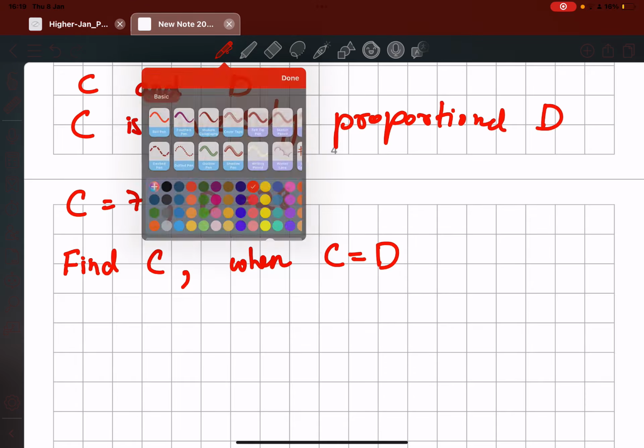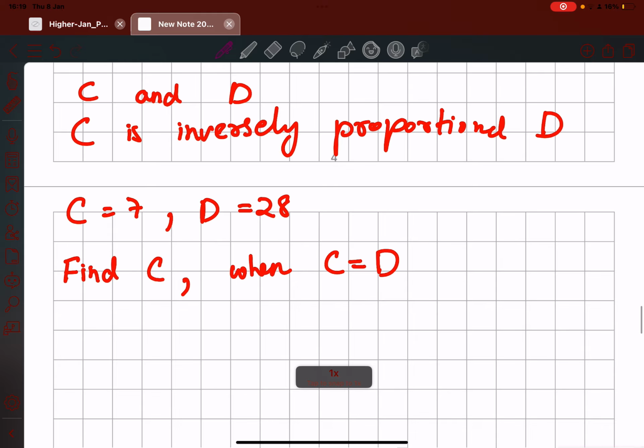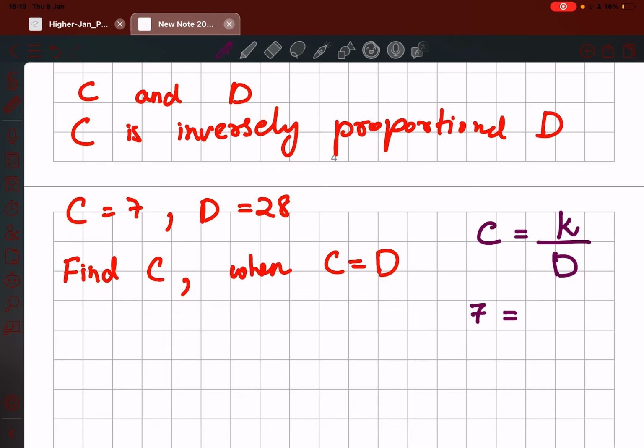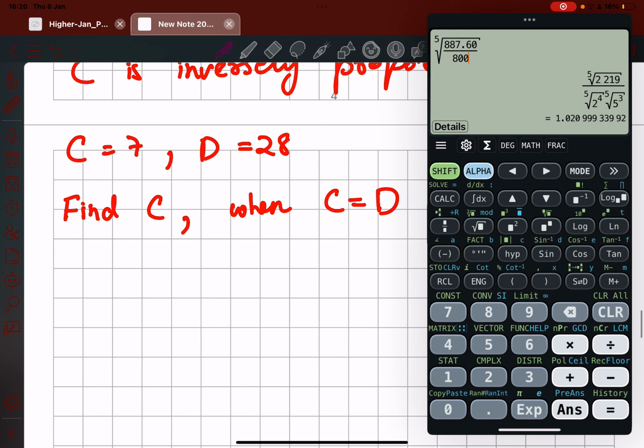Okay, so the first thing that we know is that C is inversely proportional, so straight away we can write C is equal to K over D. And we can use the data. C is 7, K is unknown, D is 28, which means I can find K is equal to 7 times 28.